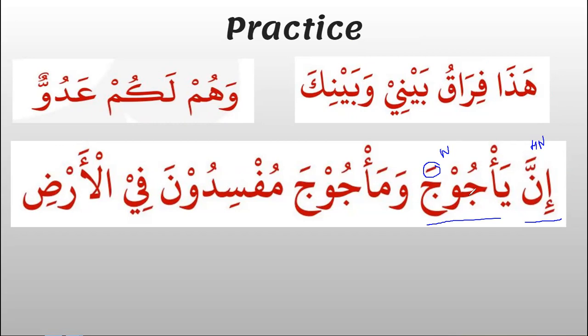So inna ya'juja is our mubtada. But you can see there is a wa, and this wa is an ataf. What the ataf does is take the status of the before ism and put the same status on the next ism. So ya'juja and ma'juja means Yajuj and Majuj, and this whole thing is connected.